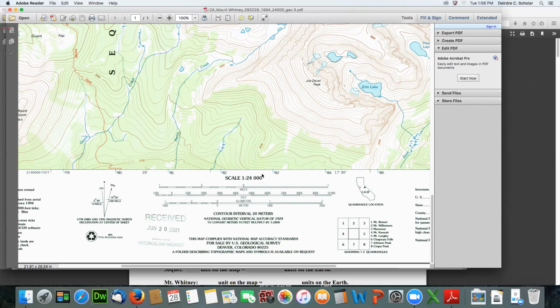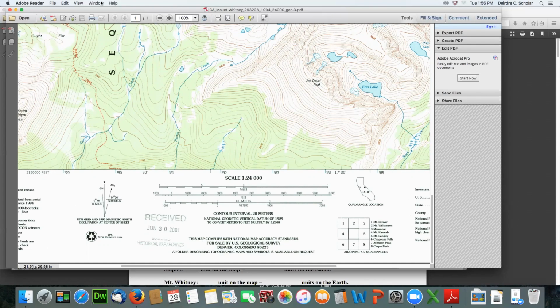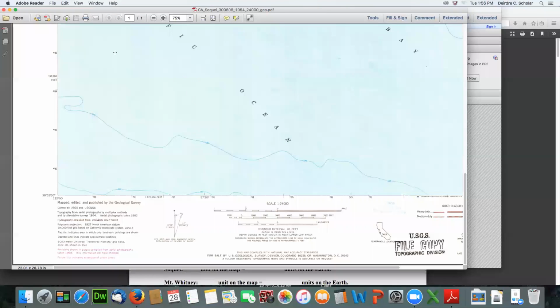So on the Mount Whitney quad, we have both the fractional scale and the graphic scale. When we look at the SoCal map, we're going to see the same thing. We have a ratio, which is our fractional scale. It is also 1 to 24,000. And we have three calibrated bars, which represent our graphic scale.